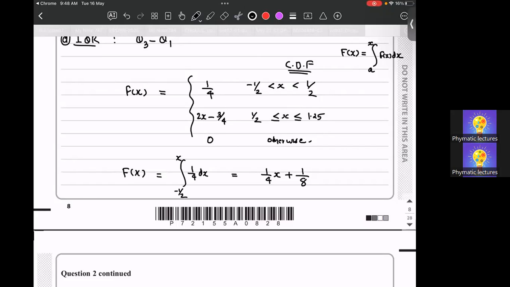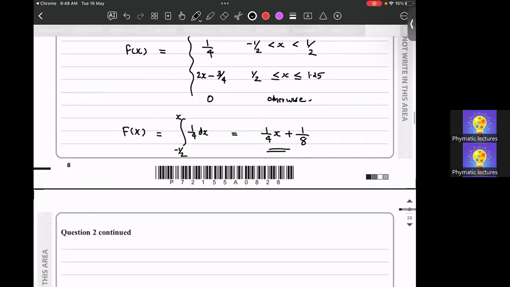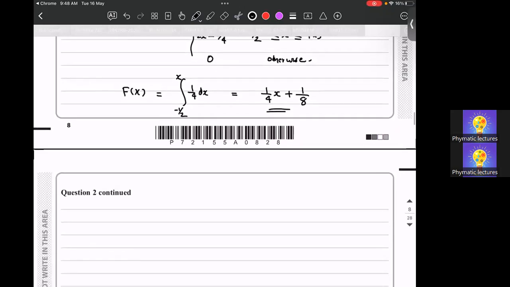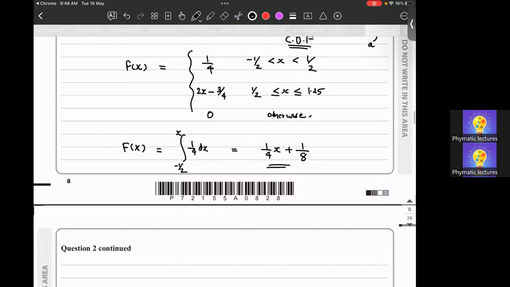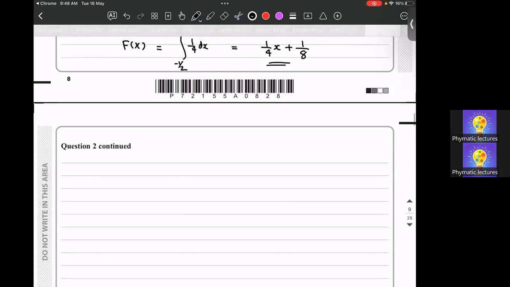So 1/4x plus 1/8 is the cumulative distribution function for -1/2 to +1/2.